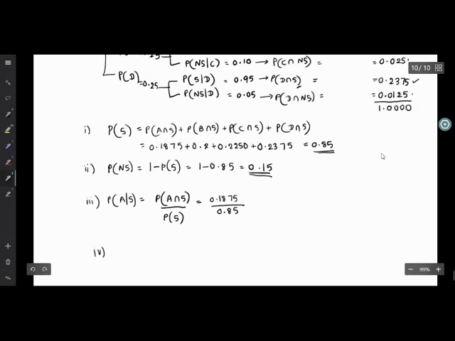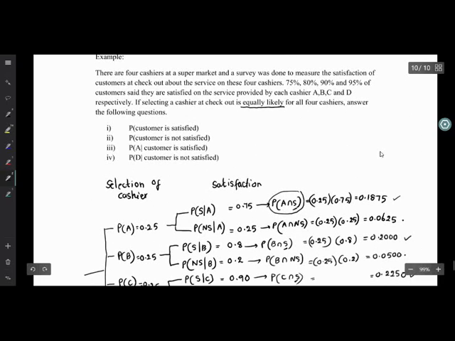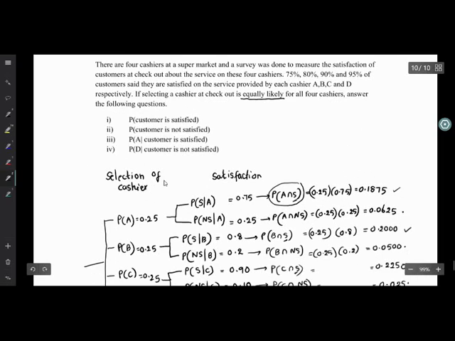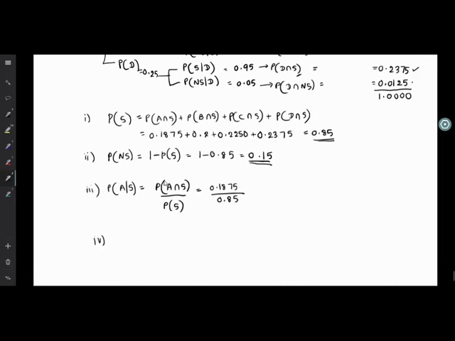The last one: probability the cashier is D given the customer is not satisfied. That is the probability that the customer got the service from cashier D knowing that the customer was not satisfied. Again, we'll apply the conditional probability definition, divided by probability of NS.